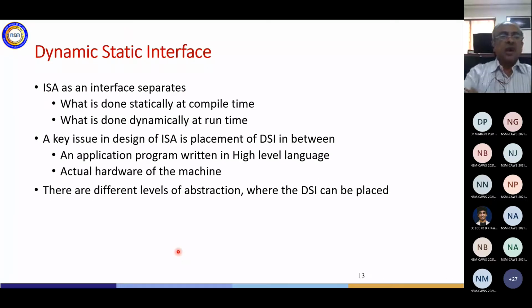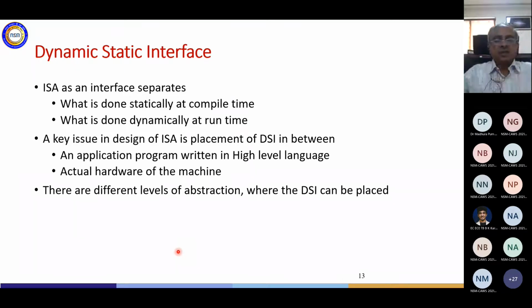Okay, so now for the ISA, there is also an important aspect that you need to understand, which is what is called the dynamic static interface. This will keep appearing when we talk about VLIW. Okay, so why do we call it dynamic static? That is because I gave you an example earlier: the output of the compiler, forget the assembler for the time being.